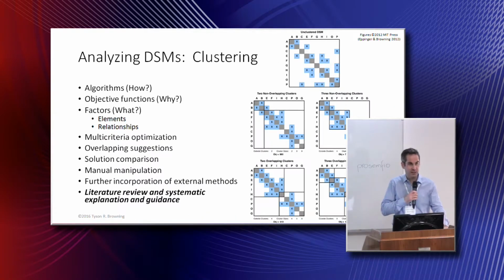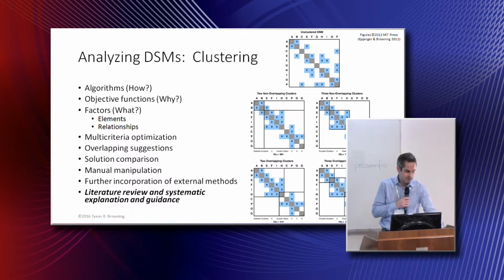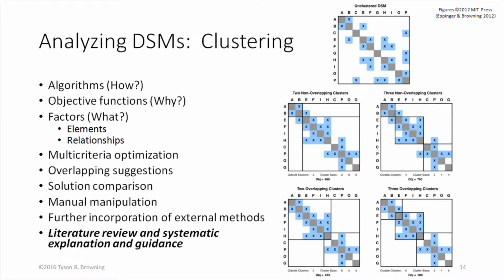So let's talk a little about analysis. What opportunities are there for analysis? Well, start with clustering. Clustering is one of those things we talk about a lot with DSM. You see it in a lot of DSM papers. When you dig a little below the surface, though, you'll find that there are many different clustering algorithms, many possibilities here.